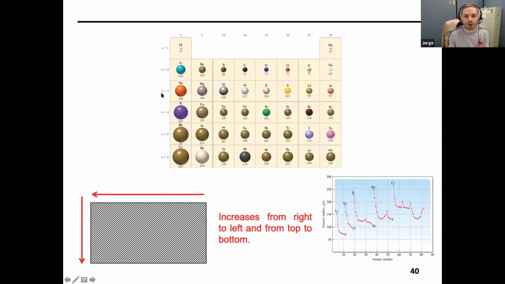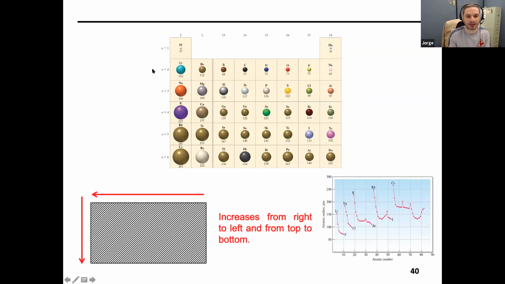So to confirm that I was telling you the truth, we have here inside each box the radius for each element. The unit here is picometers. So if we take a look across the same group, we start with lithium here, 152, and as we move down, we increase the atomic radius of the elements because another shell is being added.